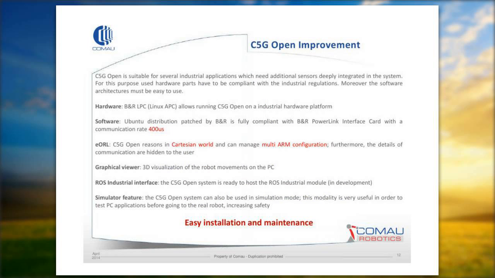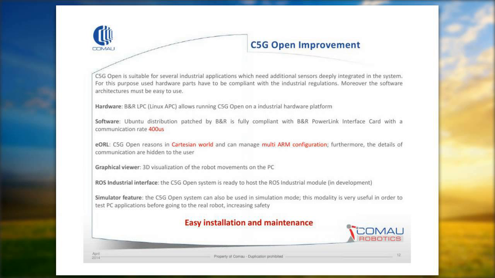And we want to improve what we added with the C5G, with the C4G Open controller. So the hardware is dedicated in our new platform and is provided by B&R, a company that is also providing some parts of our new C4G controller.